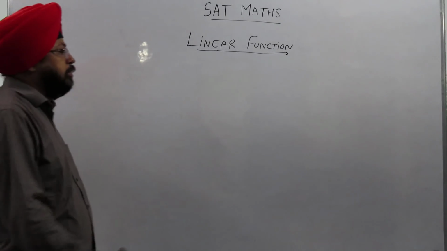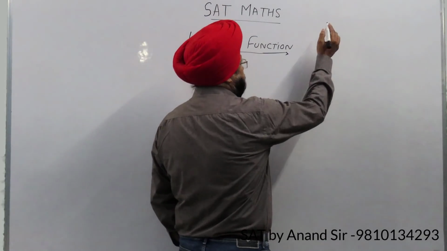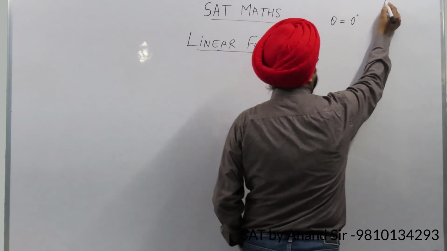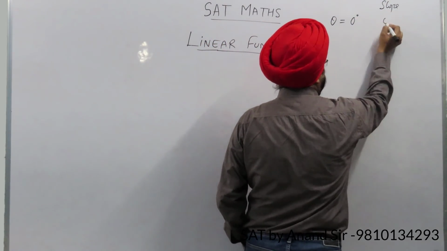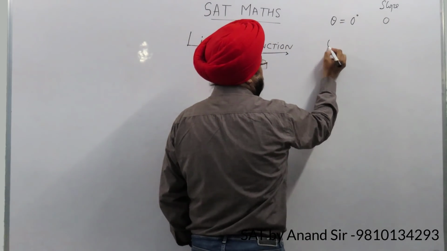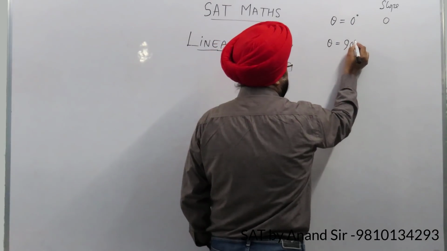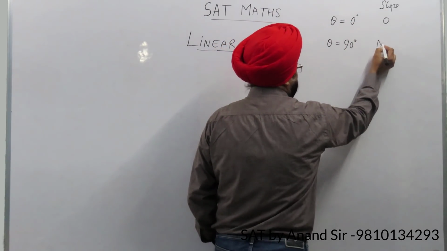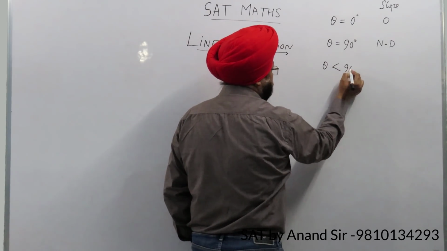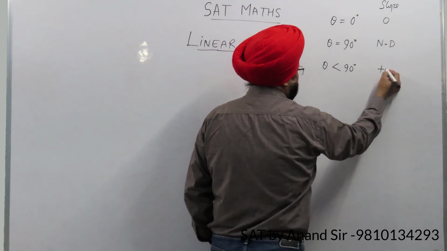So let us discuss further about slope. I just discussed that when theta is 0 degree, slope is 0, that is, the line is horizontal, parallel to the x-axis. When theta is 90 degree, slope is not defined. Now when theta is less than 90 degree, the slope is positive.